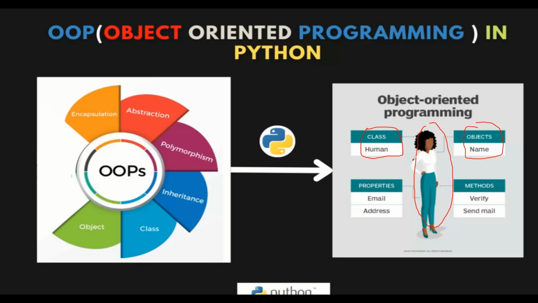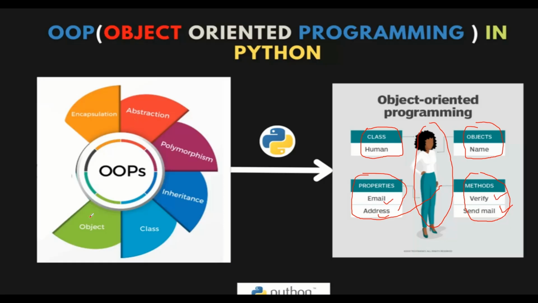This is a basic overview of object-oriented programming. Its properties, for example, are its email and its address. These are its features, and it can verify and it can also send mails. So these are methods of this human. It's similar to object-oriented programming.